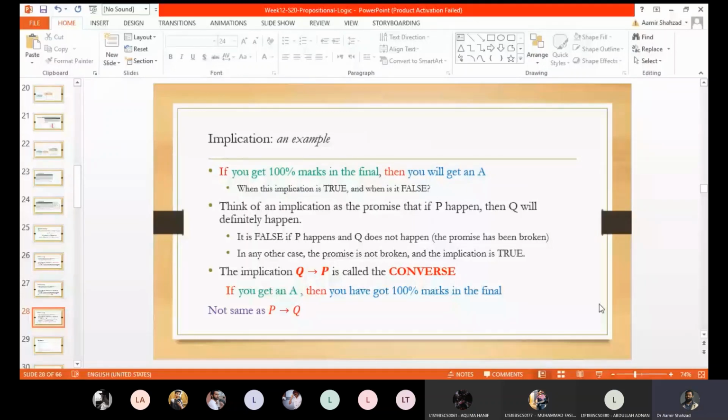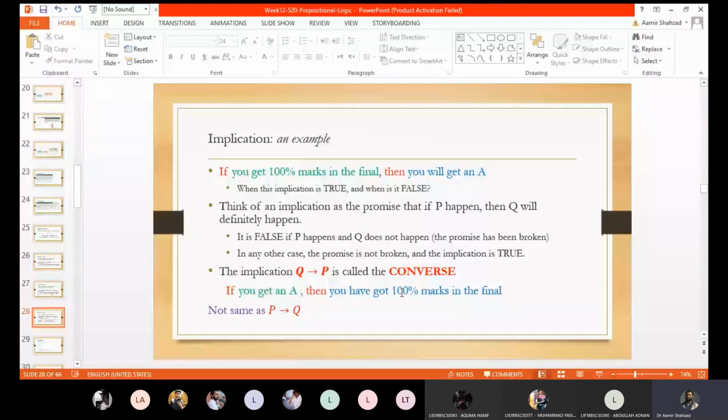No, this statement is not the same as P implies Q. In P implies Q, it was: if you get 100% marks in the final, then you get an A grade. Whereas here it is: if you get an A grade, then you got 100% marks. Suppose you do not get an A grade; according to this statement, the condition is not satisfied, so the result could be anything, and maybe you still have 100% marks.